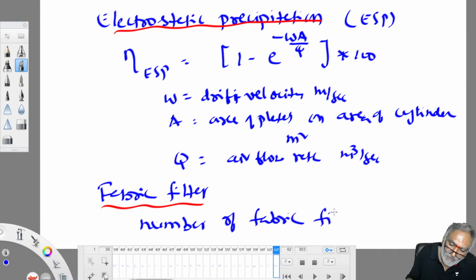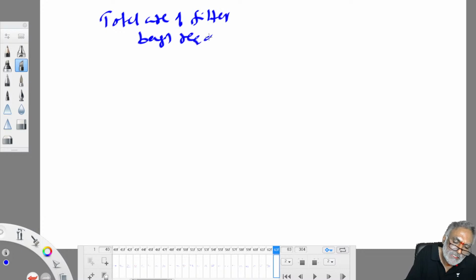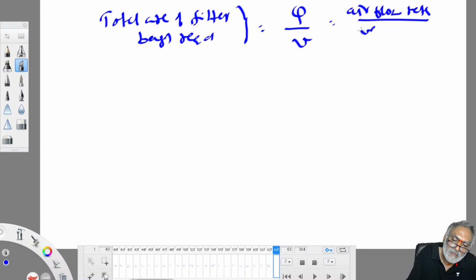This is designed exactly the same as the design of a filter. The total area of filter bags required is equal to Q by velocity of flow, that is, airflow rate by velocity of air. That gives the total area of filter bags required.